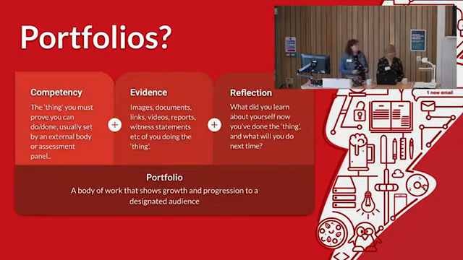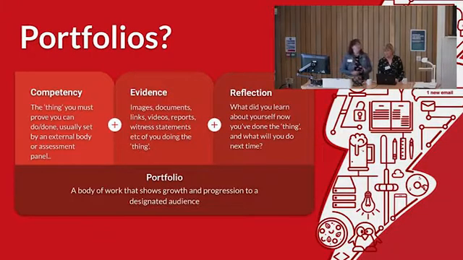In this context, when we talk about portfolios, we're not talking about career portfolios as such. We're talking about competency portfolios, because we know there are lots of different types. This is the type of portfolio that I've become really interested in. About competency, I think of it as a lovely Venn diagram.